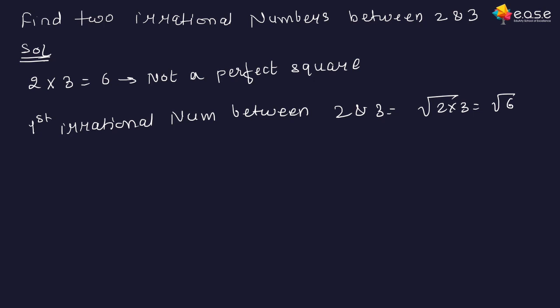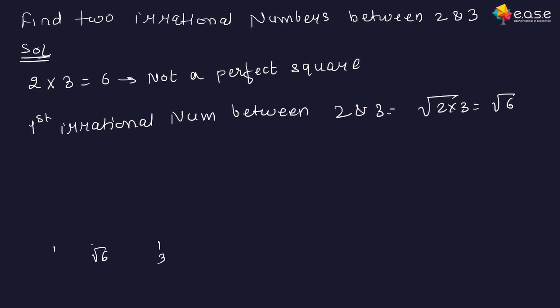And now we have to find an irrational number between what? See, if you see the number line again, let's say this is 2 and this is 3. So root 6 will be 2 point something, so it will be somewhere here. That means now we can find one number between 2 and root 6, correct?